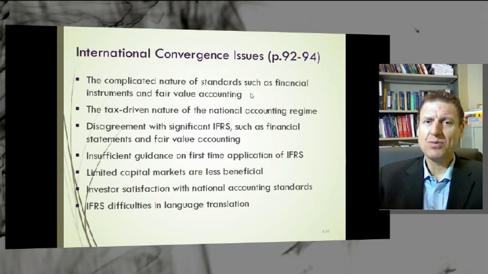There are limited capital markets, therefore it's less beneficial. Investor satisfaction with national accounting standards. IFRS difficulties in language translation. These are all issues that different countries are trying to contend with. As you go through pages 92 to 94, have a look at what these issues mean to Hong Kong, to China, and to other countries in the world.